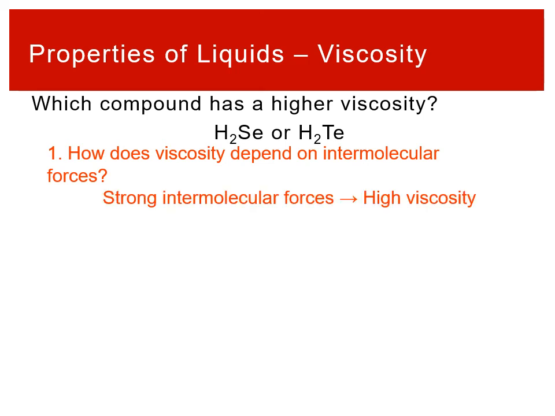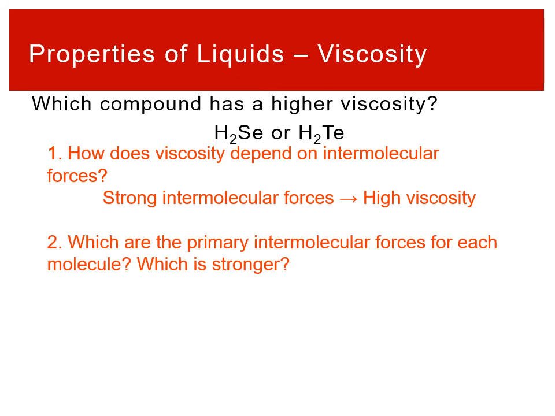And we know strong intermolecular forces mean high viscosity, high resistance to flow. So what are the primary intermolecular forces for these molecules? And which one's going to be stronger? That means we need to draw the Lewis structures.